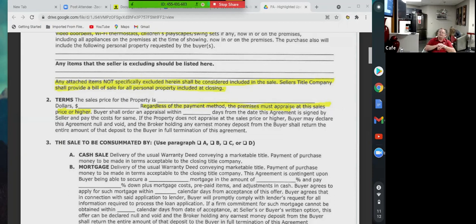Now, in today's market, I would probably be crossing out the appraisal part because in most cases, people are doing either appraisal guarantees or appraisal waivers. If you don't want them to be both on there, you need to cancel one. Does that make sense?